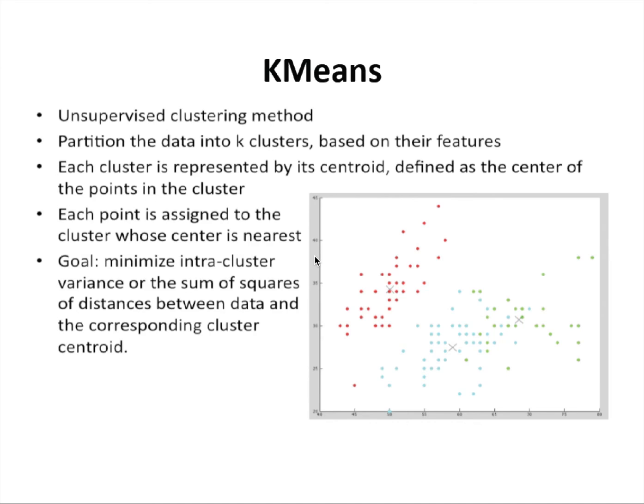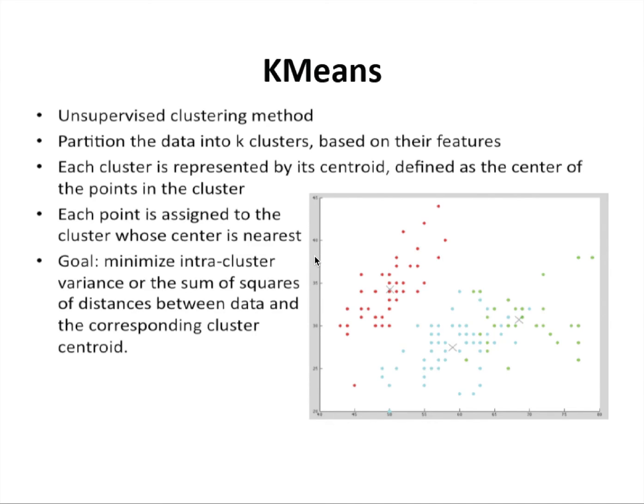So we had some examples in class last day. On the slides, on the third slide, the third point, each cluster is represented by its centroid, defined as the center of points in the cluster, which is not really much of a definition because we didn't define what center means, but we're going to define it somehow. So somehow this will get calculated.